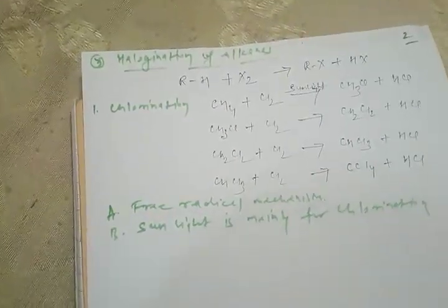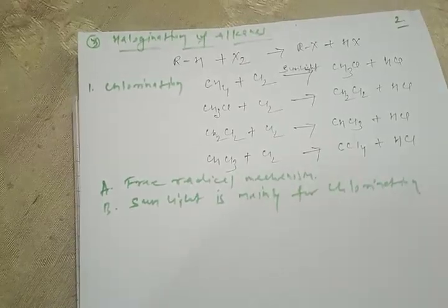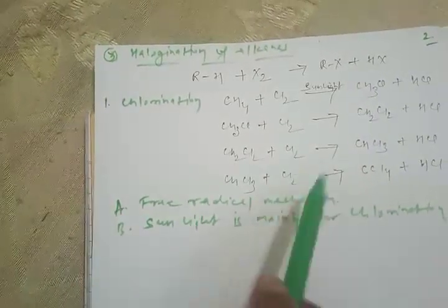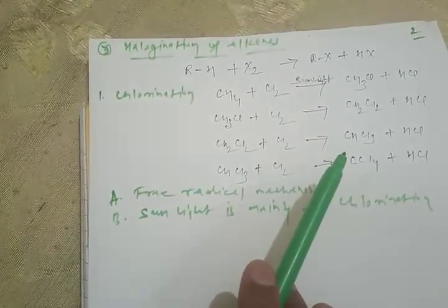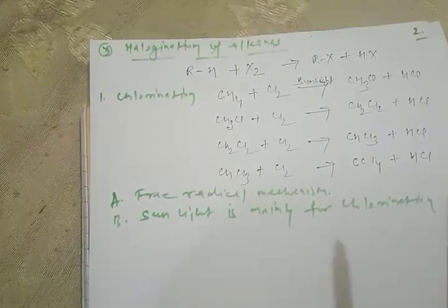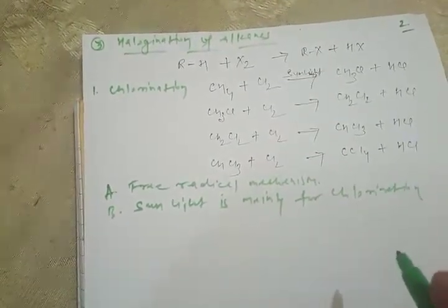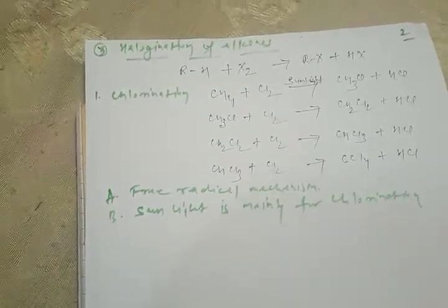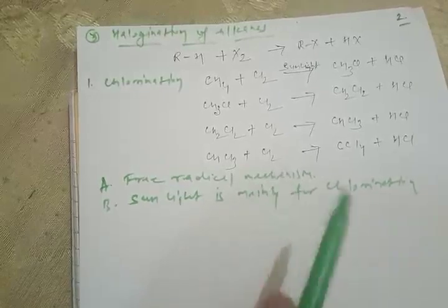Bromination, iodination and fluorination do not take place in such a manner. Bromination requires a Lewis acid catalyst. Iodination and other reactions have a different mechanism. We will discuss it, don't worry. So you should remember these two things for this reaction.